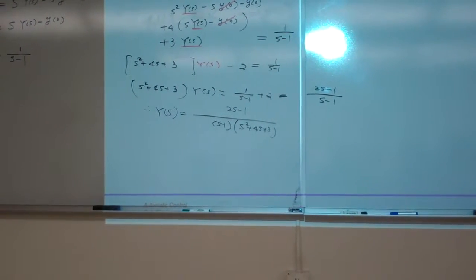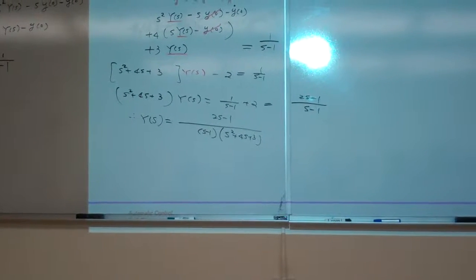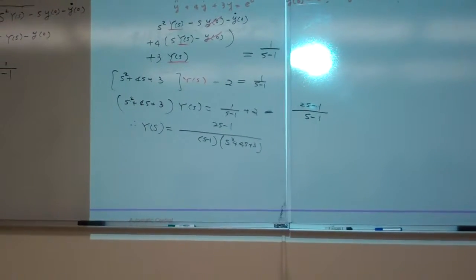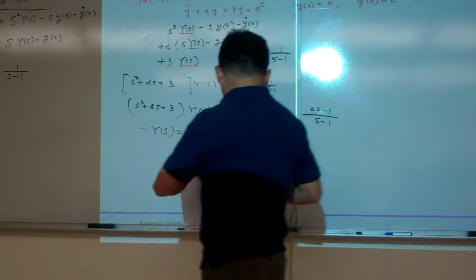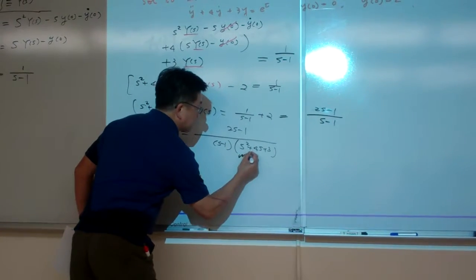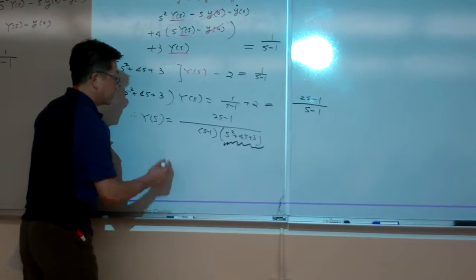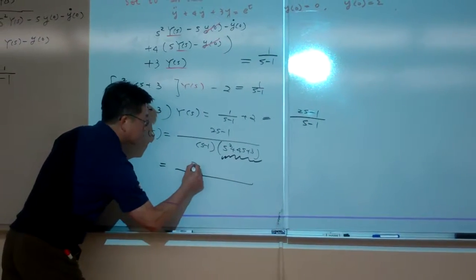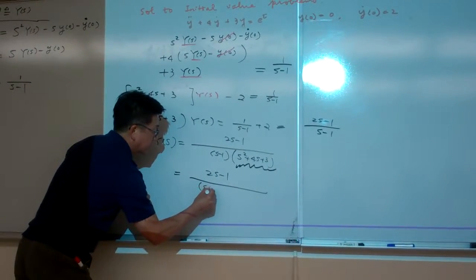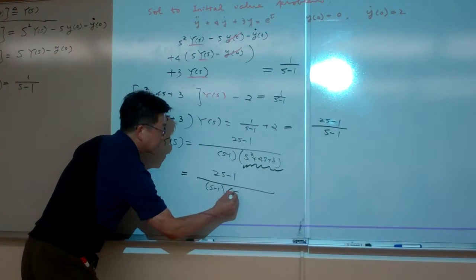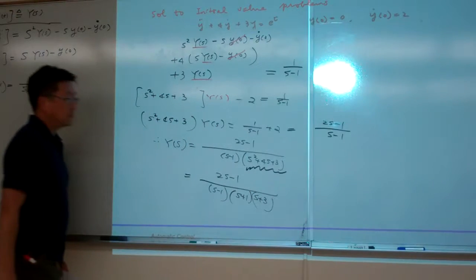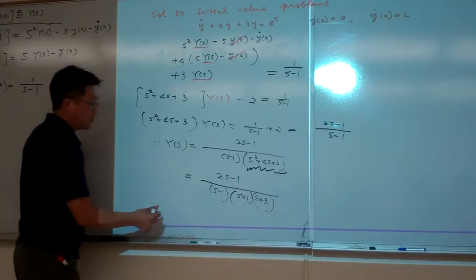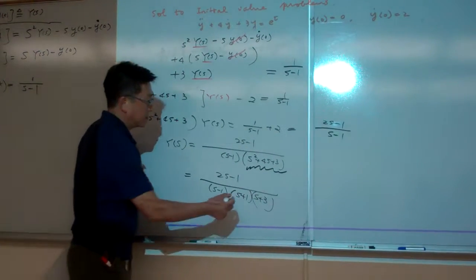Right now, again, we can factorize the whole thing. The numerator is 2s minus 1, s minus 1. The denominator is s plus 1, s plus 3.